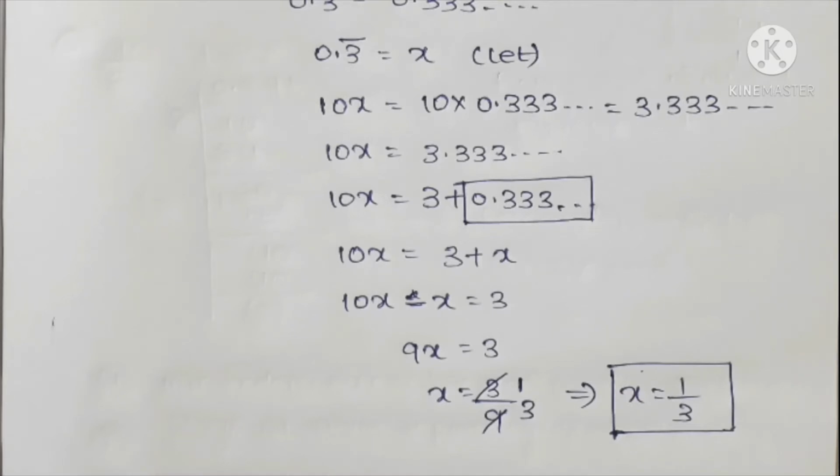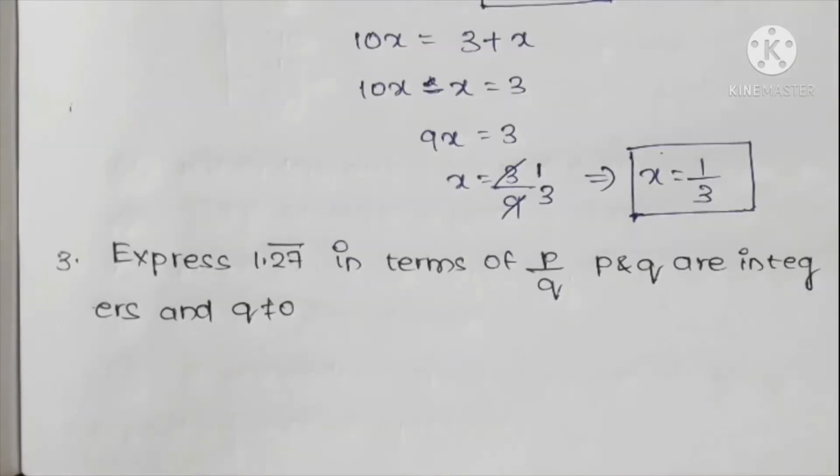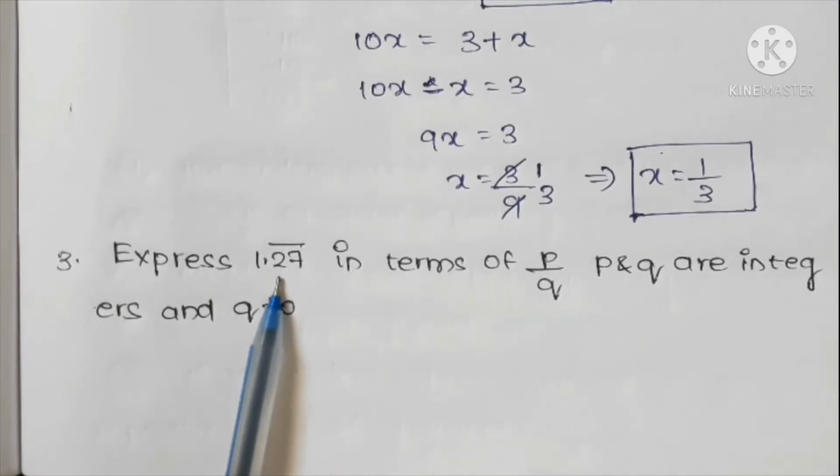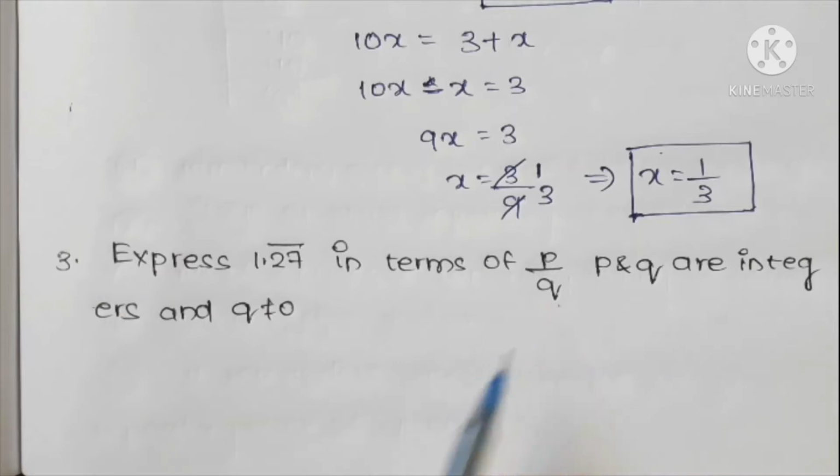The third problem is also similar to the second problem, and now let us see it. The third question is, express 1.27 bar in terms of p by q, where p and q are integers and q is not equal to 0.